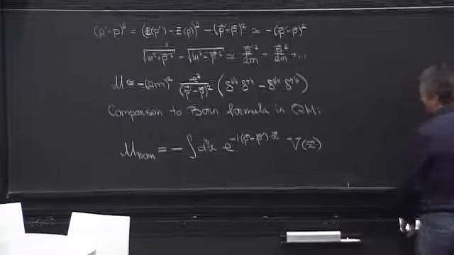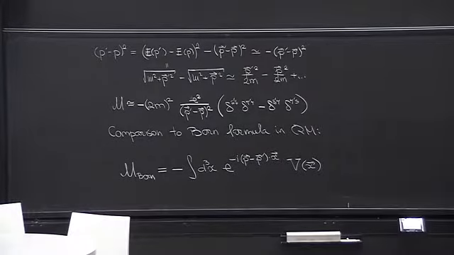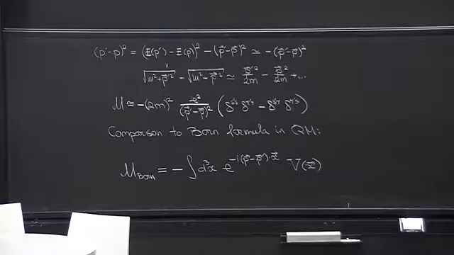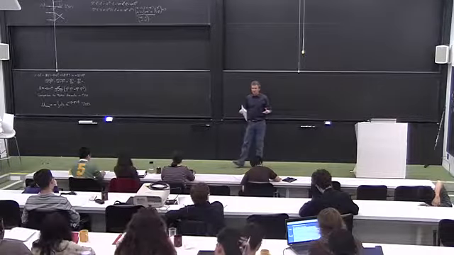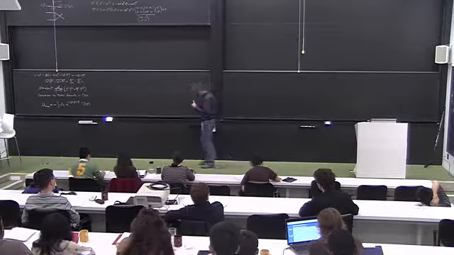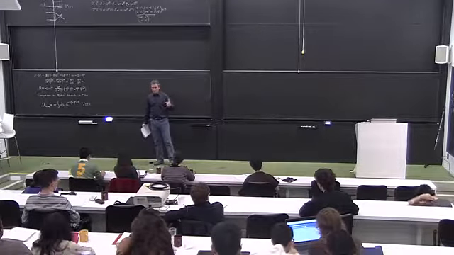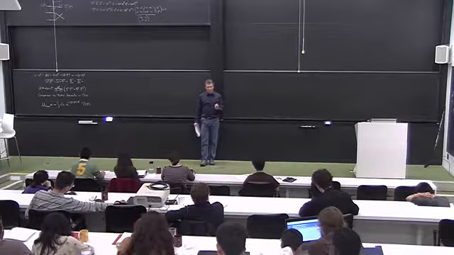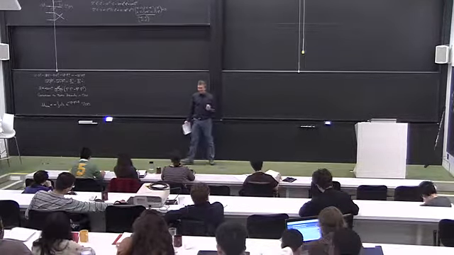Now, in comparing to the Born formula, it is important to remember that the amplitude actually depends on how we normalize the wave functions of the incoming particles. In principle, the amplitude is defined as a matrix element of the evolution operator between initial and final states, and so it does depend on normalization. If our wave functions are normalized to something different from 1, we should divide out by these factors.